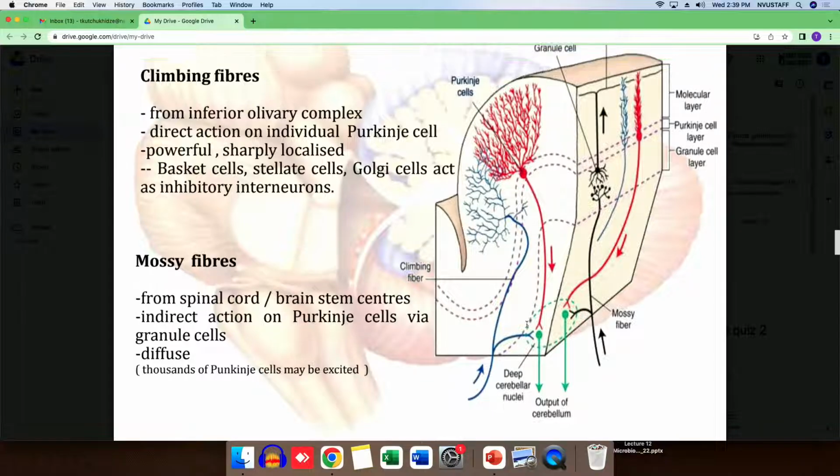Also, if you remember, I mentioned that our nuclei are located down in the deeps of the cerebellum, right? And they are transmitting impulses from the deep nuclei to the cortex, and afterwards to the medulla oblongata or midbrain, like other structures. So it is a kind of connection of our cerebellum to different structures, right?